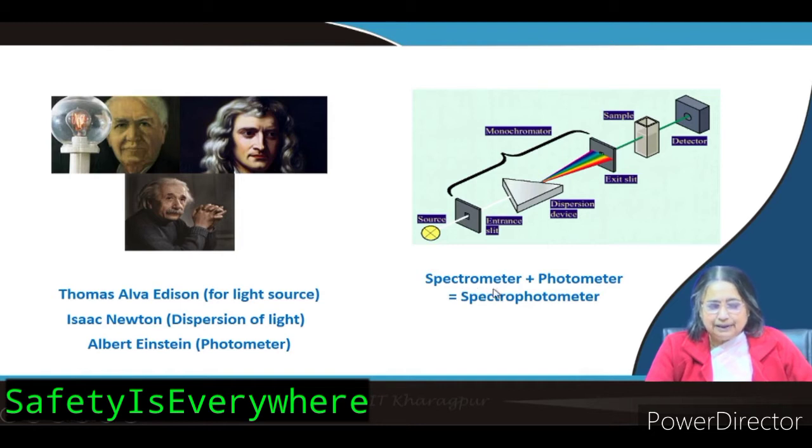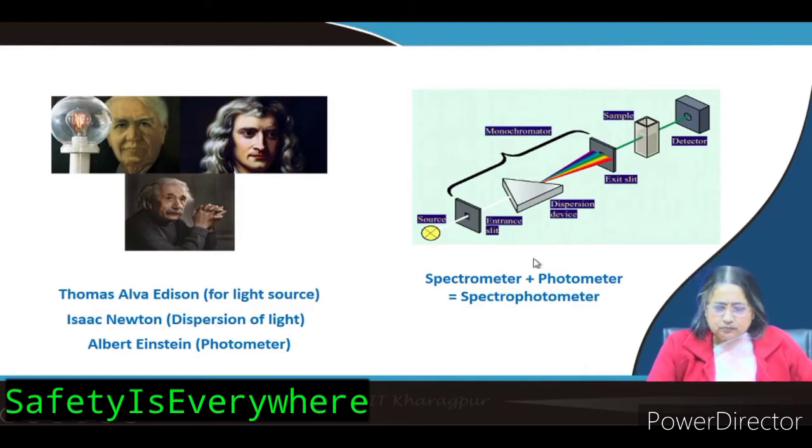What is a spectrophotometer? It is basically spectrometer plus photometer. In the spectrometer, first thing is the light. Light is like a leg, like a man cannot walk without a leg. The bulb is the source of light, and for visible light a tungsten bulb is used, and for the UV source a hydrogen discharge or deuterium lamp is used.